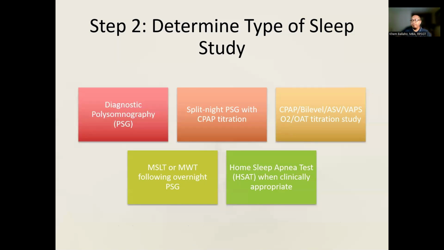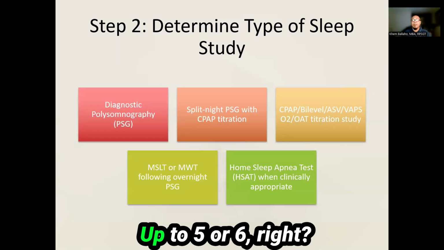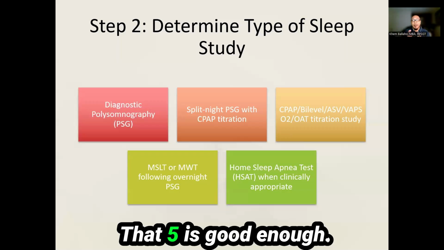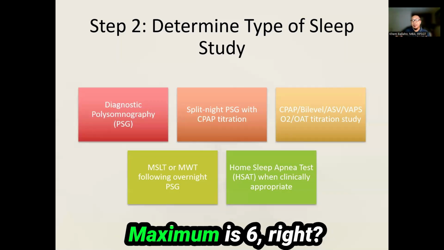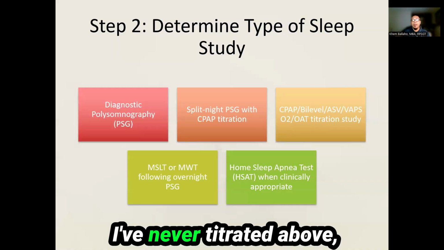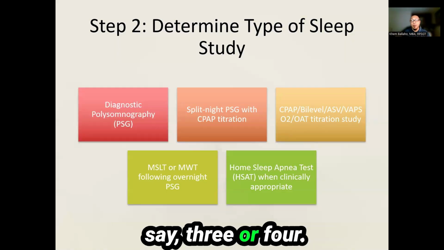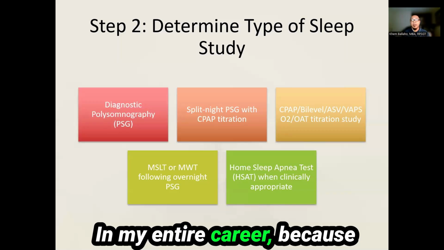Anybody? Up to 5 or 6, right? That 5 is good enough. We don't go beyond 6. Maximum is 6, right? I've never titrated above, say, 3 or 4 in my entire career.